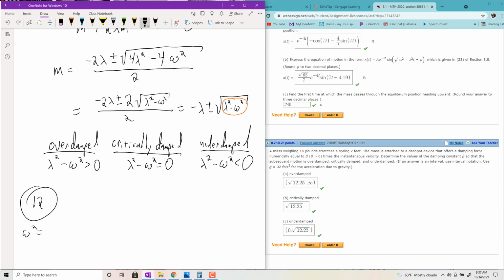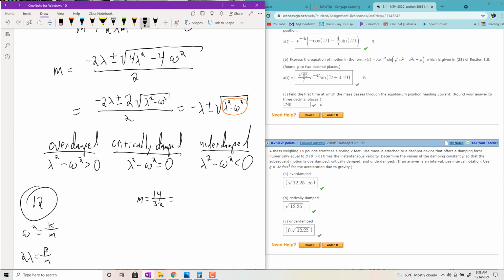Omega squared, which is going to be k over m. We need our 2 lambda now, which is going to be beta over m. To get k and m, I need to work with the weight. So the weight to get the value for m is 14. You put that over 32 for the gravitational constant.